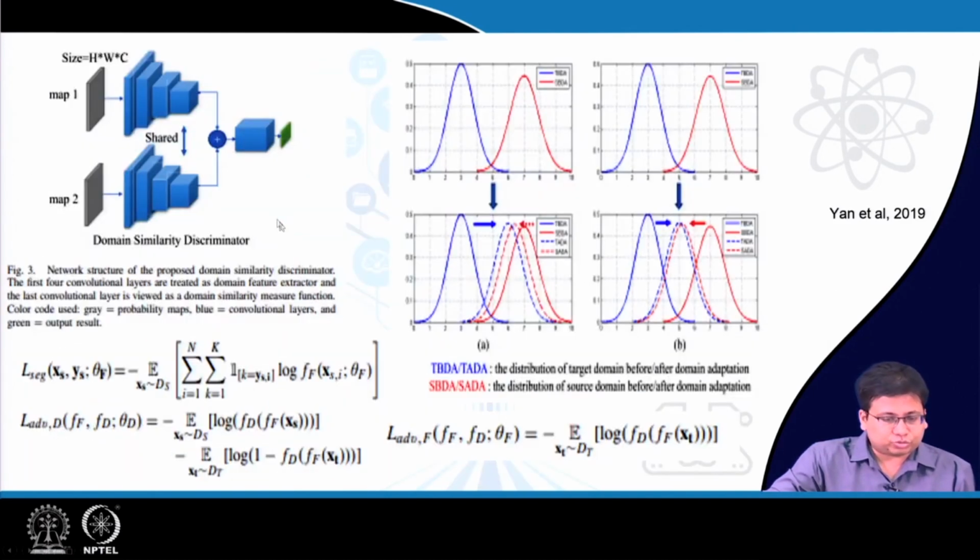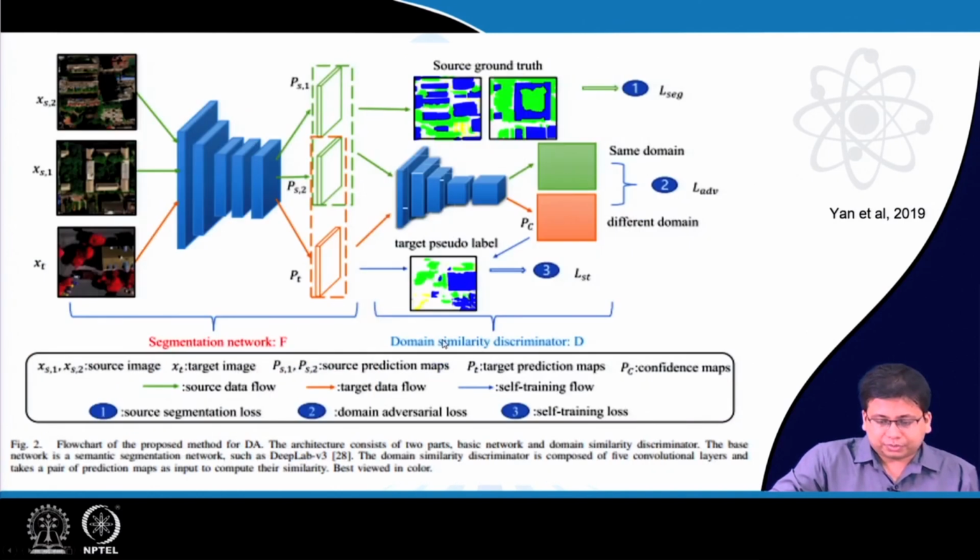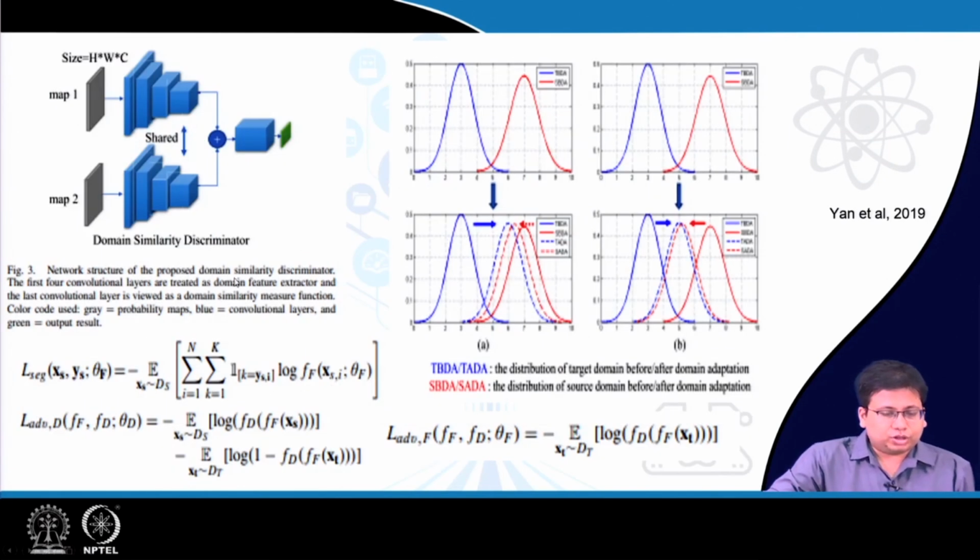This part is shown in a bit more detail here. This is the network structure for the proposed domain similarity discriminator. What it tries to do is take the segmented target image and the segmented source image and try to discriminate between them.